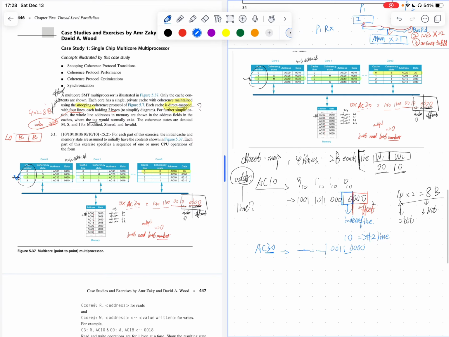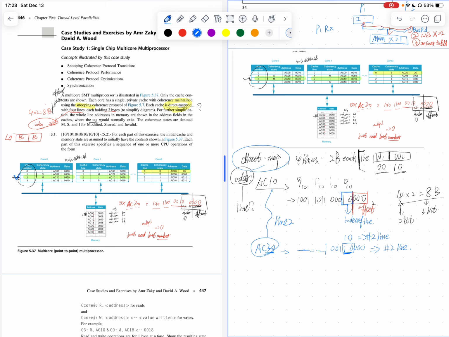You can also see which line it should be. It should also be line number 2. So AC30 will share the line when you're doing some calculations. And this is what direct map means, how it works, right?